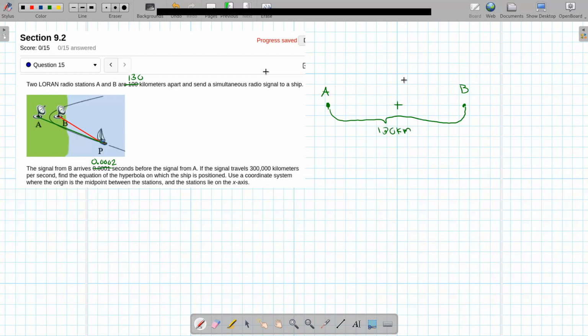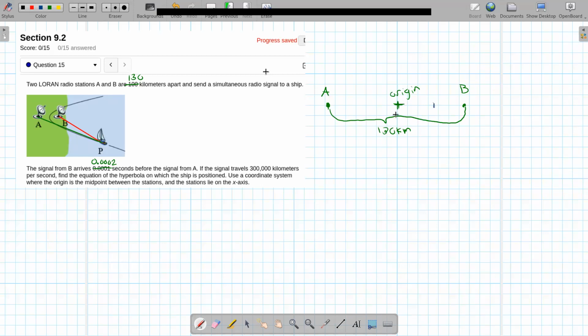Okay, and then again, this is my origin. And the ship is coming toward the two of them on a hyperbola. Somewhere in between here, let's use blue maybe, if that wasn't land, the ship would pass in between here.